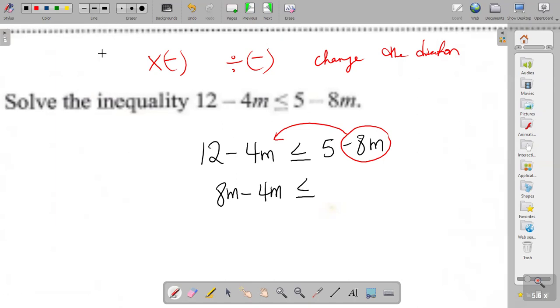Go back to less than or equal sign. Then one number over here. 12 is here, so I got to move 12 on the other side. So what was left back on this side was 5. So this is going to become minus 12. Everybody with me so far?